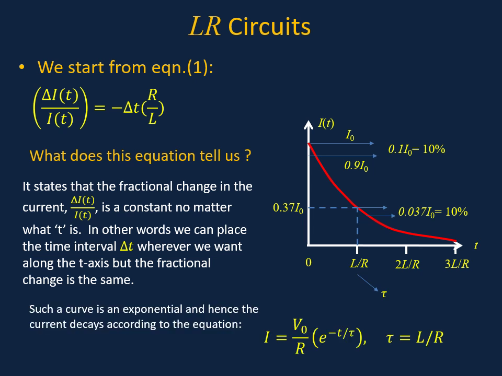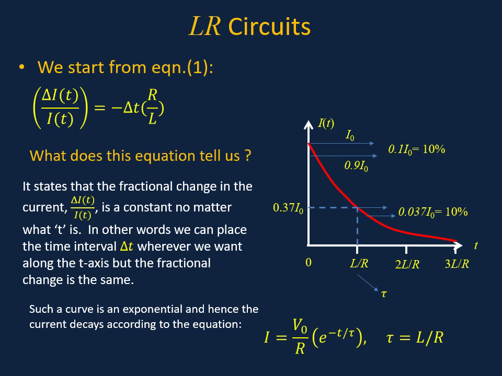So the equation for an exponential is written this way. The current I at t equal to 0 we know is V0 by R. So when we put t equal to 0 here, we should get the original current. And at a very long time, t equal to infinity, the current dies away. That indeed is given by this equation.